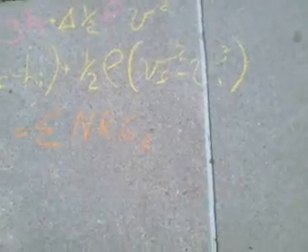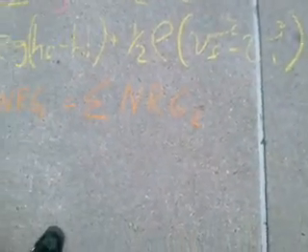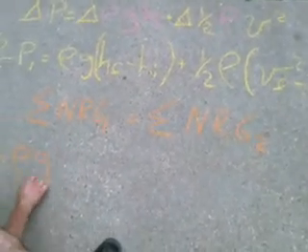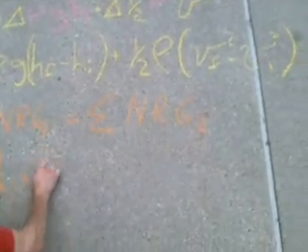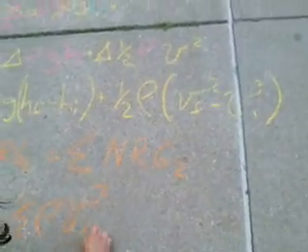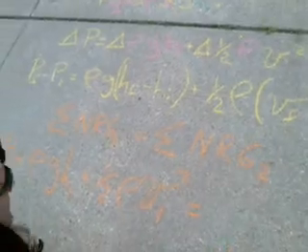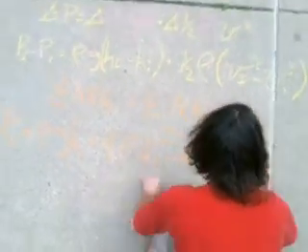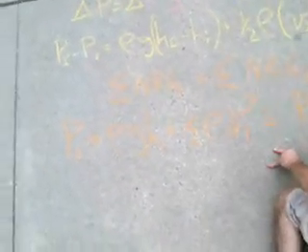So the three types of energy, if we rearrange this, we got a pressure P1 plus a rho g h1 plus a 1/2 rho v1 squared is exactly the same as P2 plus a rho g h2 and a 1/2 rho v2 squared.